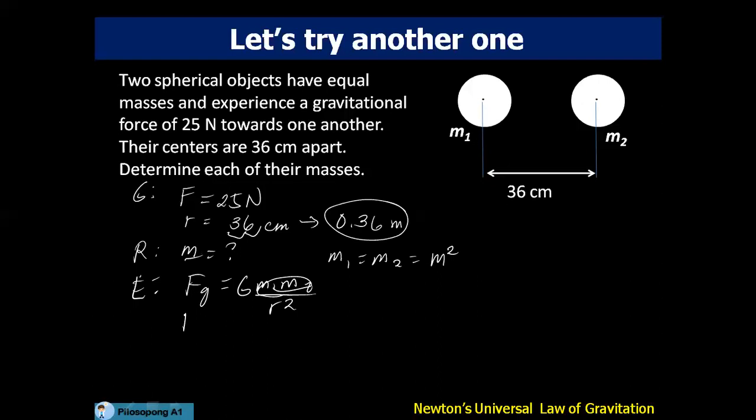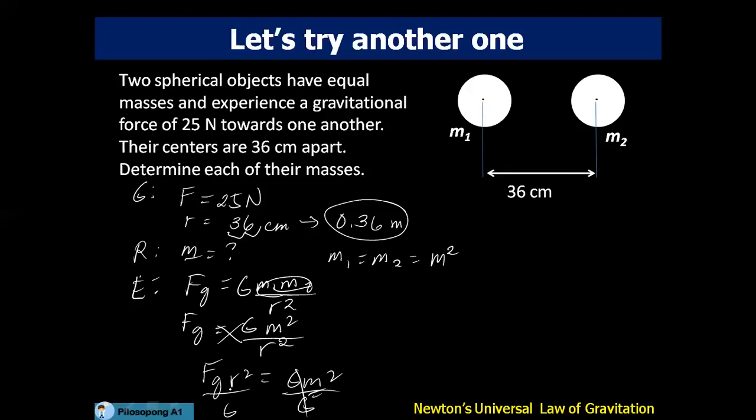So we have Fg is equal to G m squared over r squared. Then we need to cross multiply: Fg r squared is equal to G m squared. We're looking for the value of m, so divide both sides by G.